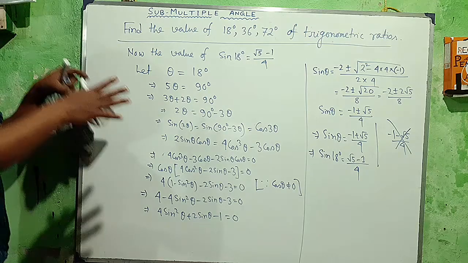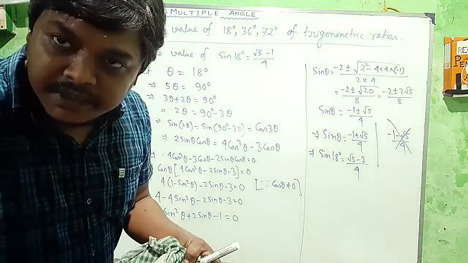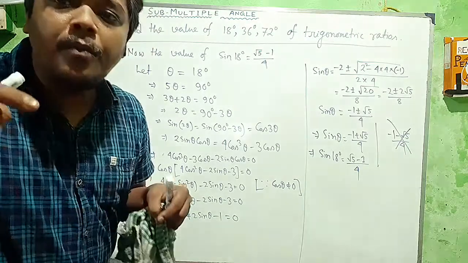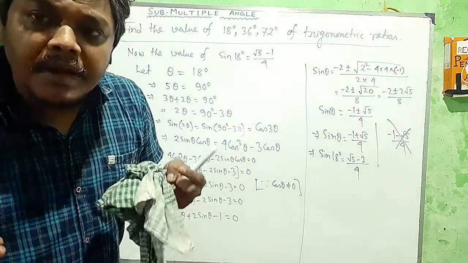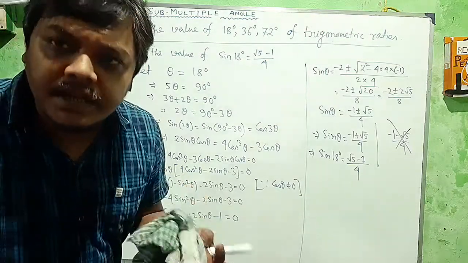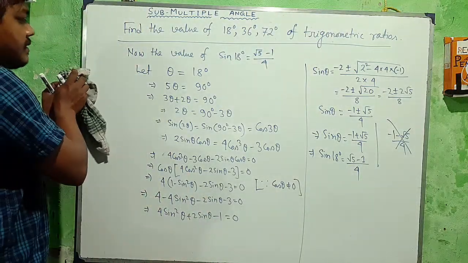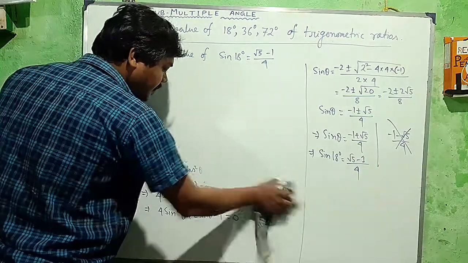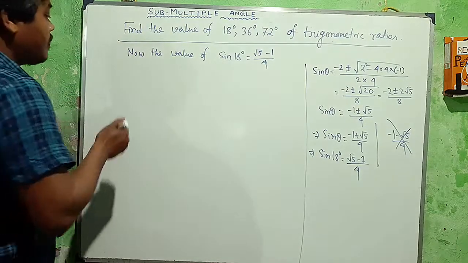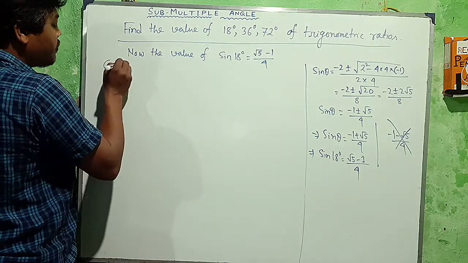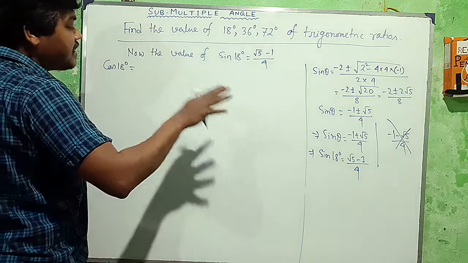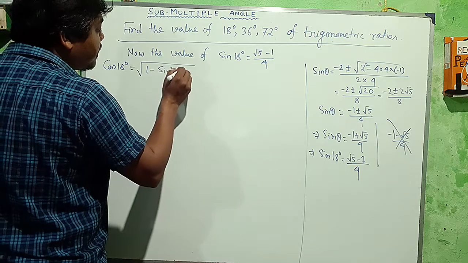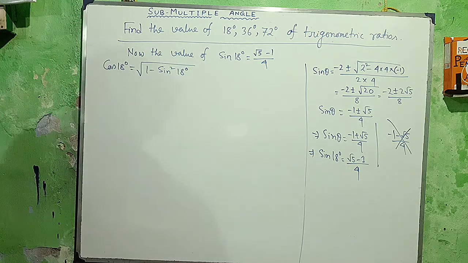Similarly, in this process you can also calculate cosine 18 degrees, but we know that cos theta equals the square root of 1 minus sine square theta. By using this relation, we can easily calculate cos 18 degrees also. Next, cosine 18 degrees. How to calculate it? If we know sine 18 degrees, we can easily calculate 1 minus sine square 18 degrees.